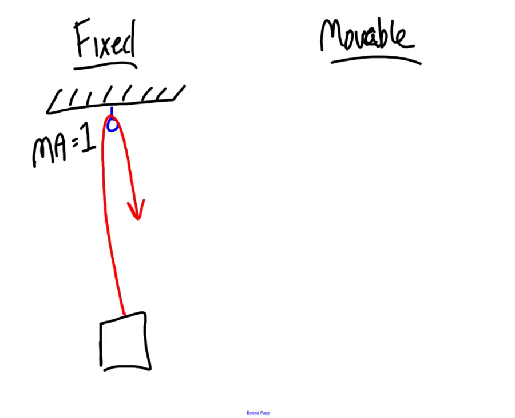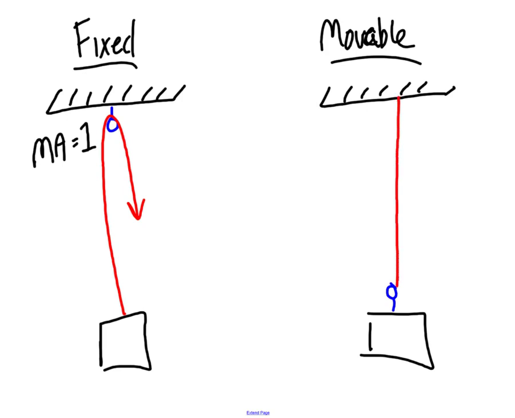Okay? A movable pulley, what happens is we have our box, we attach our pulley to our box this time. The string comes down and around and goes back up. Okay? Now, when you pull on that string, what moves?